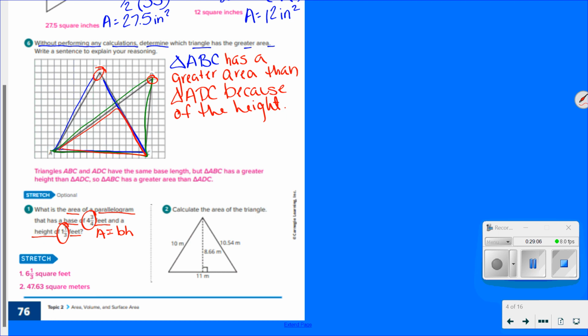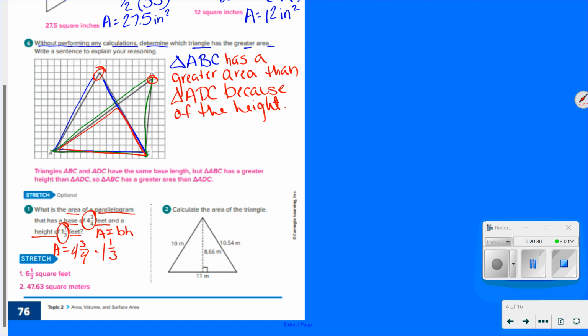Guys, sit down, please. So it's telling us our base is 4 3/4, and we're multiplying it by 1 1/3. This is going back to last topic where we multiplied fractions.